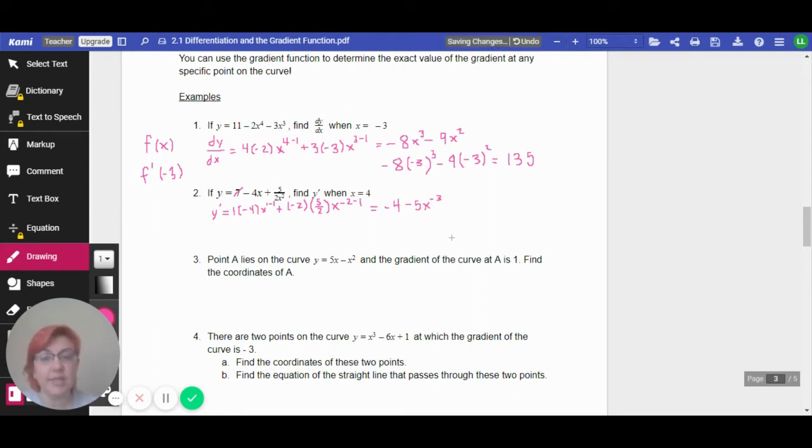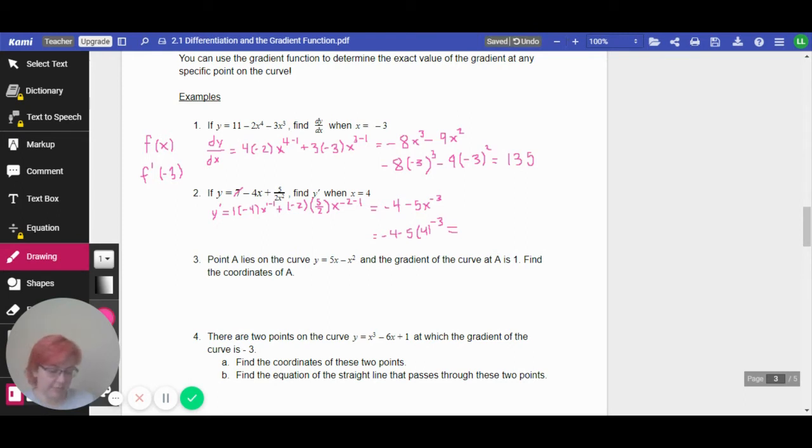So to evaluate that now, where x is 4, I'm just going to put -4 minus 5 times 4 to the -3.